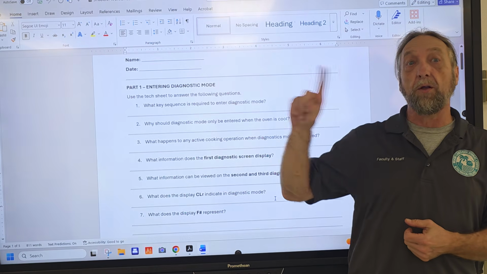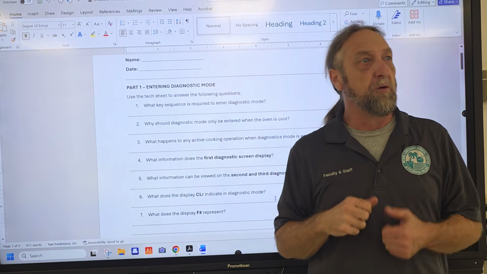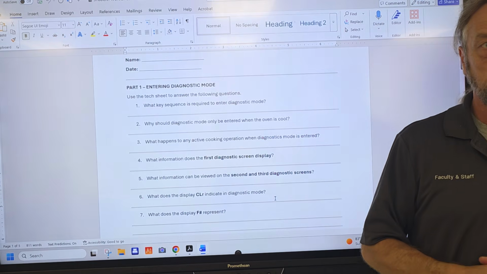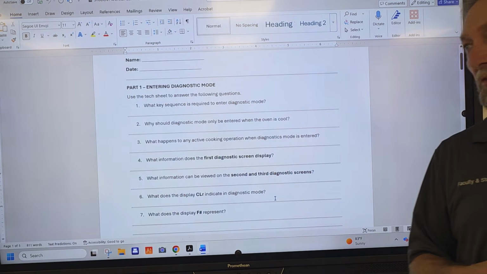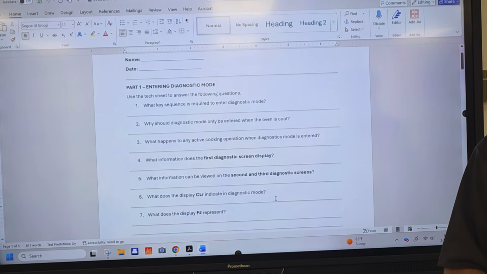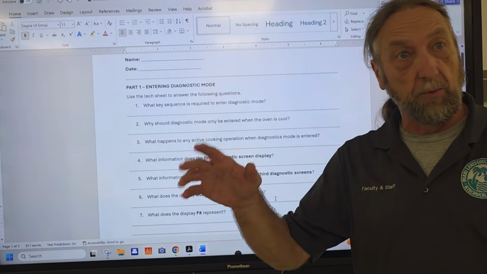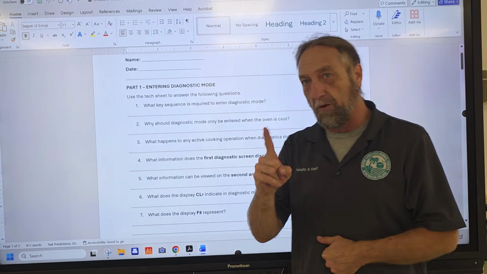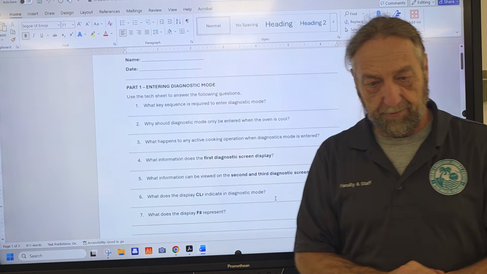If you turn one of those ovens on in self-clean, you cannot use the other oven for a bake cycle. Everything is off. It'll lock it out because of the amount of heat that's already in there. They don't want you to use both ovens simultaneously like that. Yes, you can use both ovens for baking or broiling, but once you turn one of them on self-clean, the other oven usually becomes inoperative.